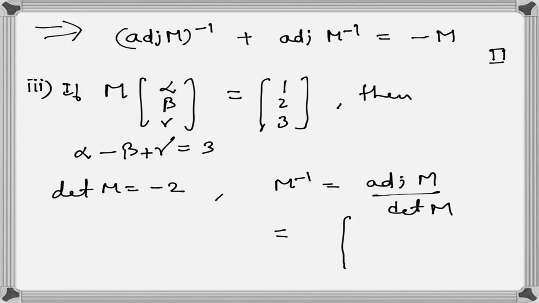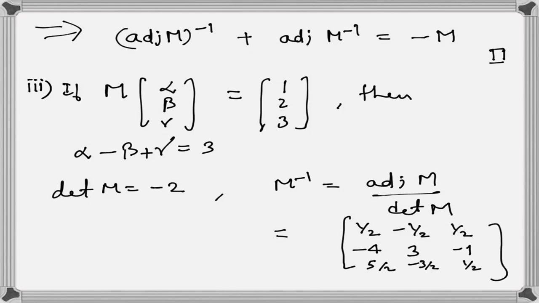So what is this? We know the adjoint matrix. I'll just divide that matrix by minus 2, so we get 1 by 2, minus 1 by 2, 1 by 2, minus 4, 3, minus 1, 5 by 2, minus 3 by 2, 1 by 2.